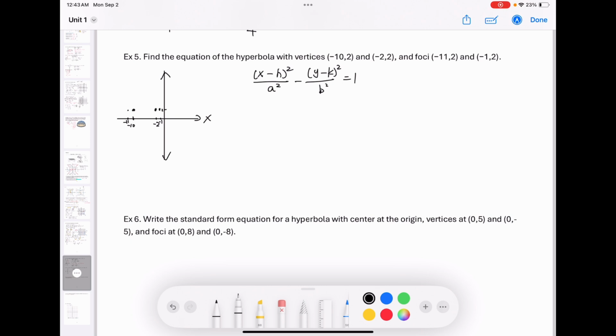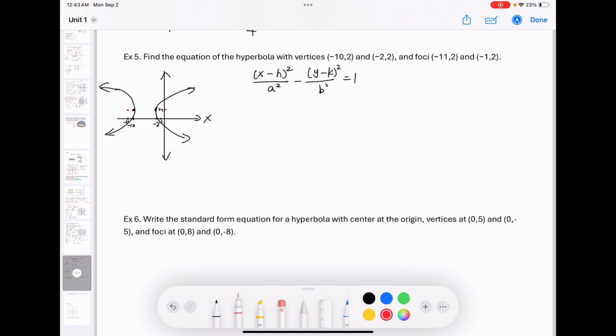So we can make a sketch. This is my hyperbola. It goes through my vertices and opens to the left and right. And we also have our two foci. We can use the red color to represent the foci.